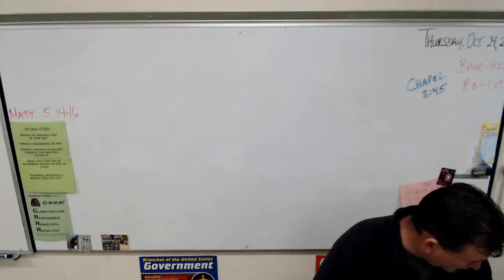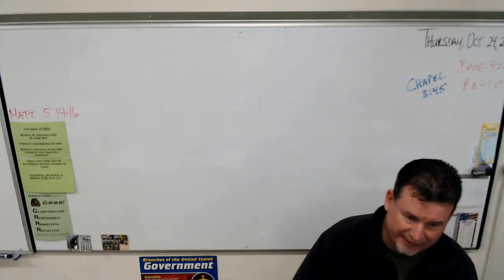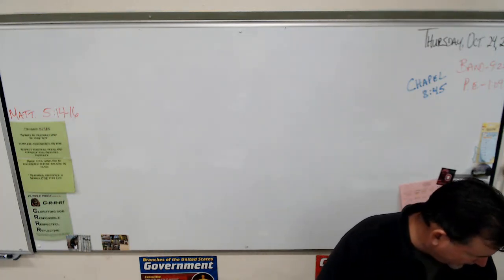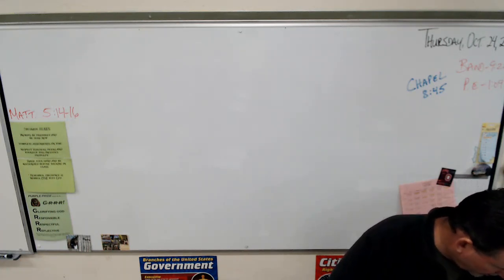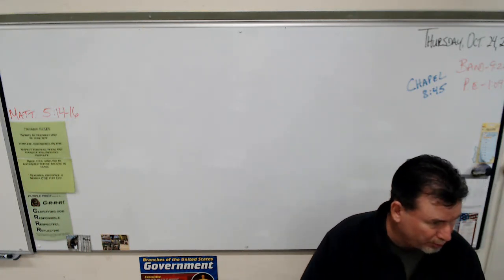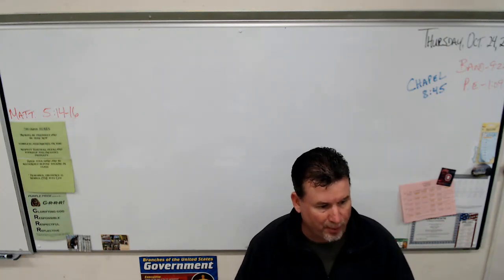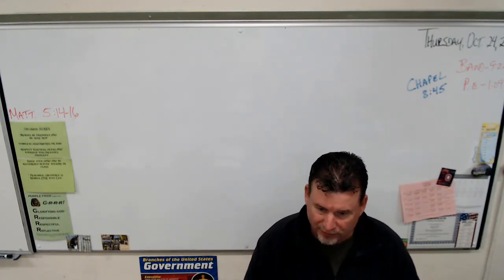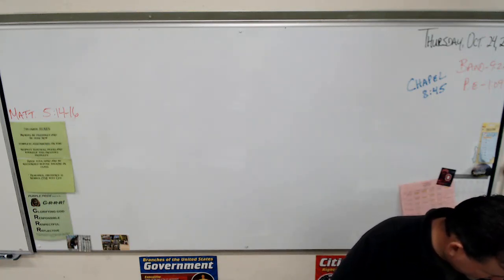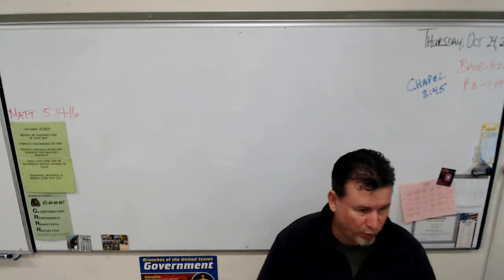Number 13, negative 3. Number 14, 7. Number 15, 2.4. Fractions and decimals don't bother you. They are numbers too, right? And number 16, positive 12.